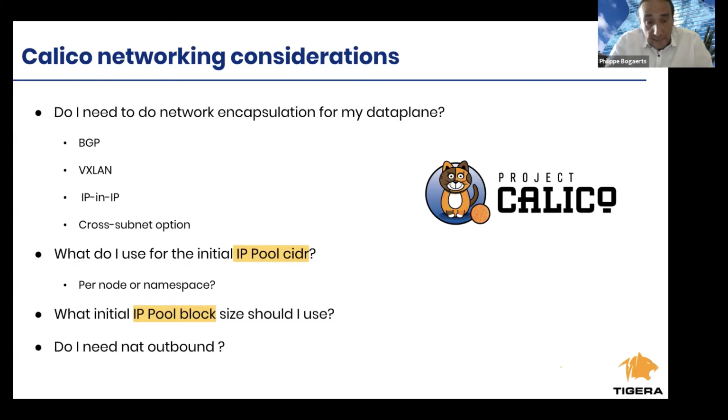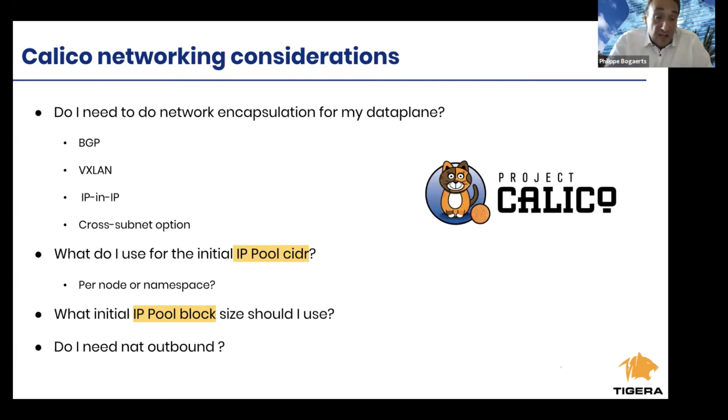Knowing all this, because all these things make sure that pods can talk to pods, what if these pods need to reach the outside world? One thing to consider is whether or not to use address translation if you want to go outside of the cluster. This is called NAT outbound.